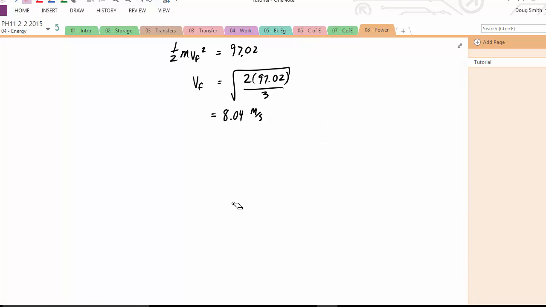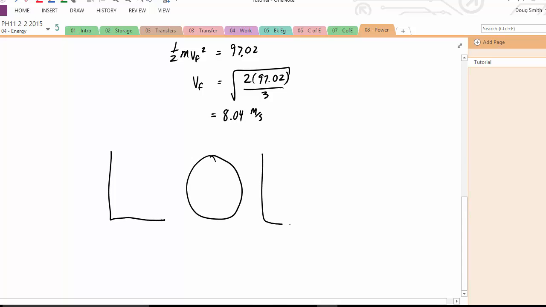Okay, so I'll start with my LOL diagram. I'll keep the plane in there and the Earth. And I know that work is force times distance, so I'm pretty sure I'm going to be using that relationship. It starts off at the same height as before, so we have some gravitational energy.